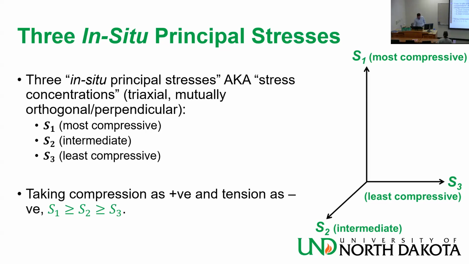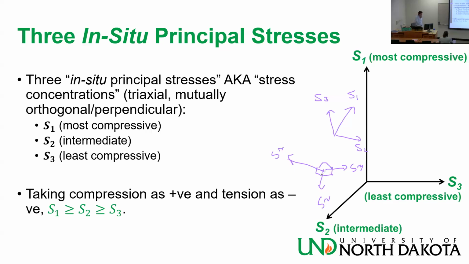That means as long as they are at 90-degree angles from each other, it doesn't matter. If we are like this, like S1, S2, and S3, we can have that. Or we can be also like this, S1, S2, and S3, as long as they are at 90-degree angles with each other.